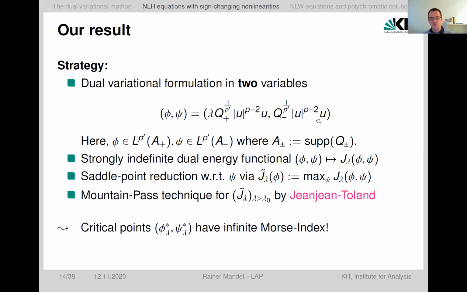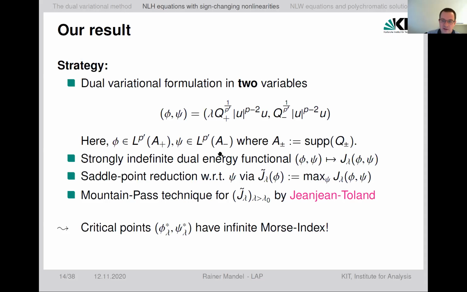So we introduce 2 independent variables, and this phi variable is concentrated on the positivity set and psi on the negativity set of Q. And so they both carry, so to say, the information about U, and allow to write down a dual variational formulation for the problem.